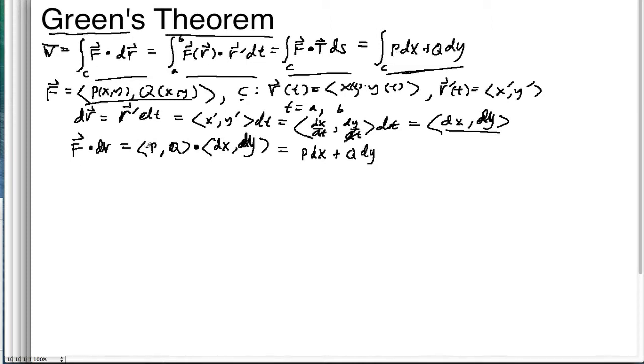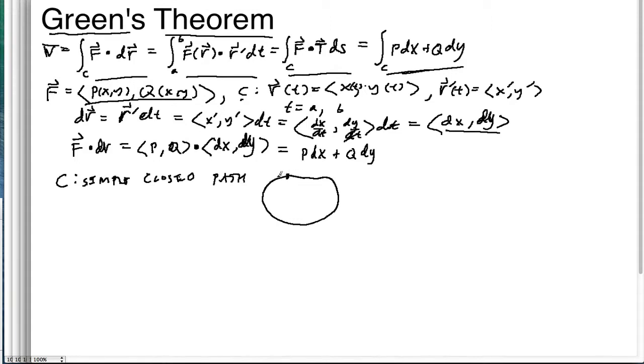Okay, so what is the statement of Green's theorem? So recall, we're going to have a simple closed path, so that it's just like that.